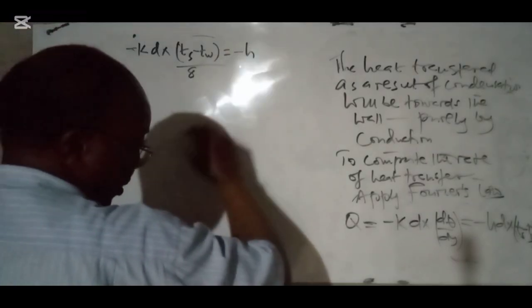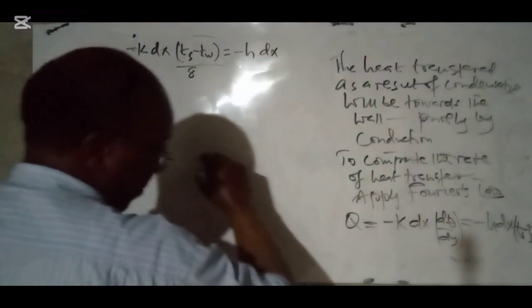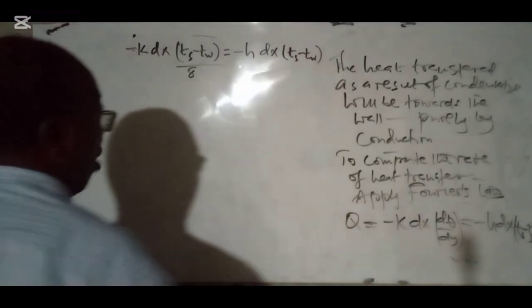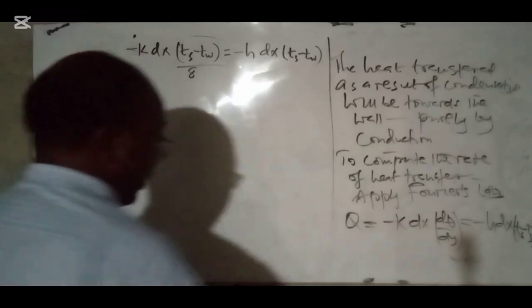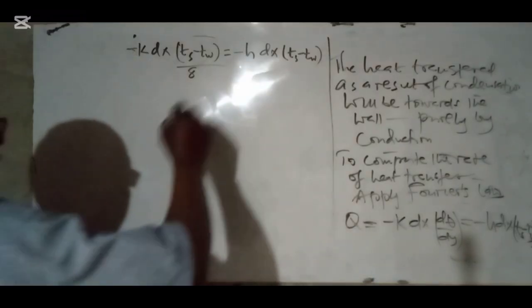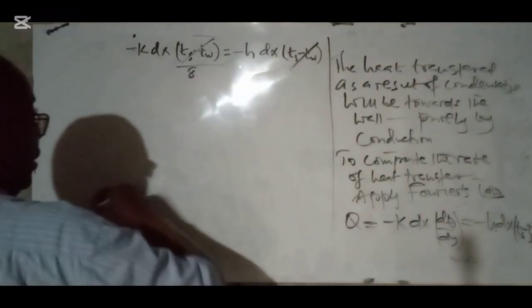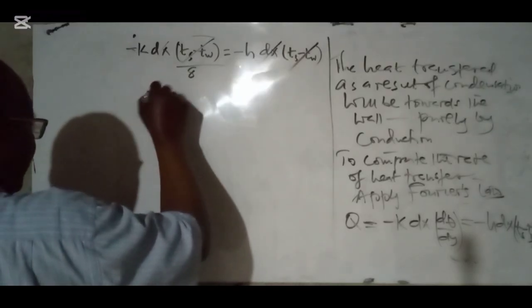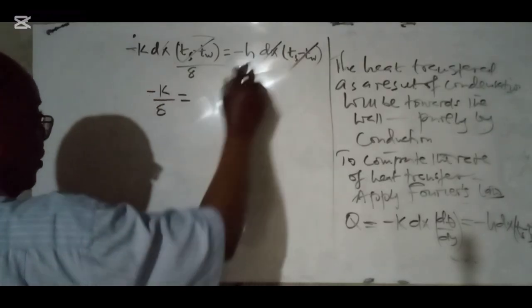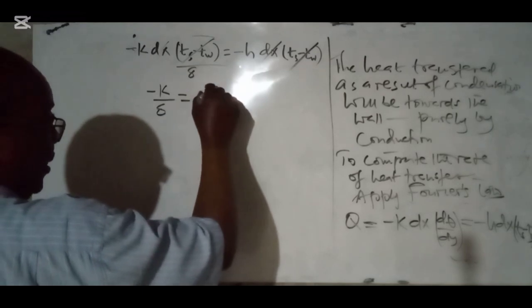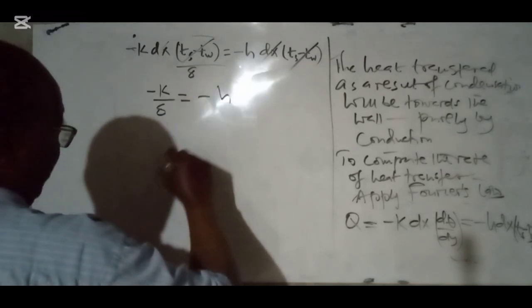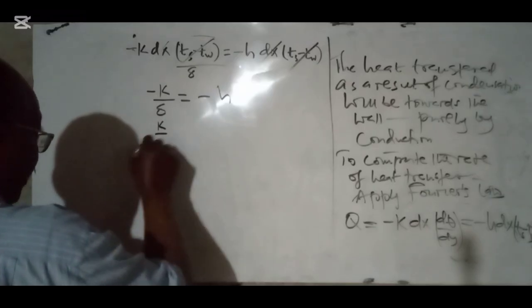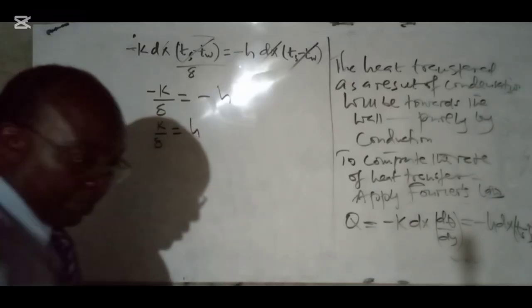Minus h dx (Ts minus Tw). Of course, we can cancel out quantities here, cancel out that quantity with that, can cancel out the x. So we have minus k over sigma equals minus h, or k over sigma is simply h.